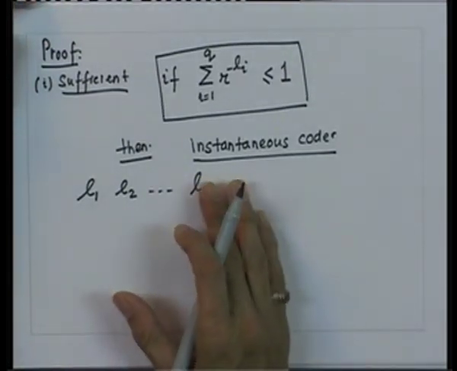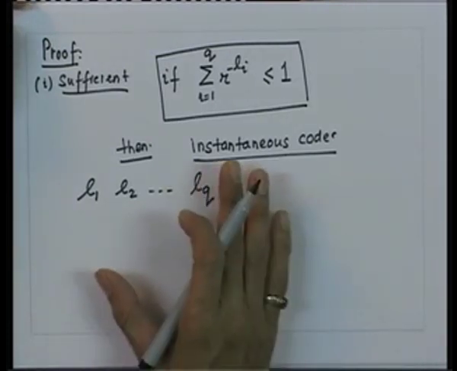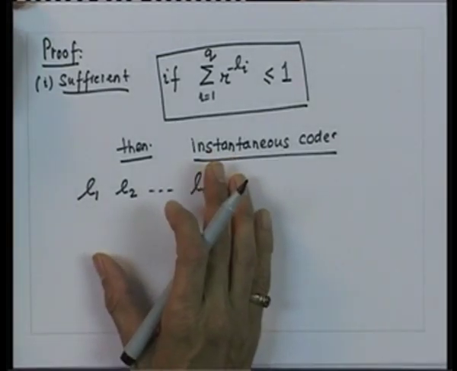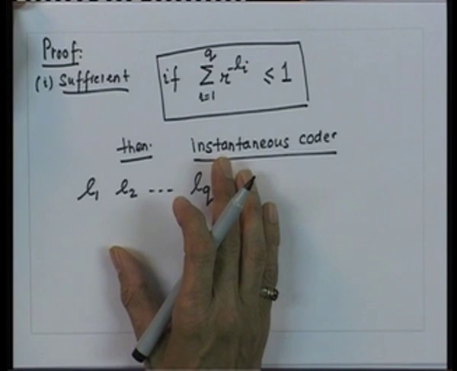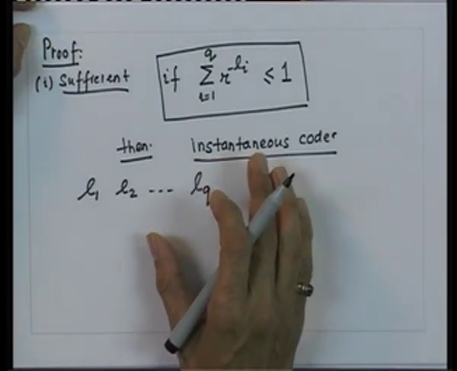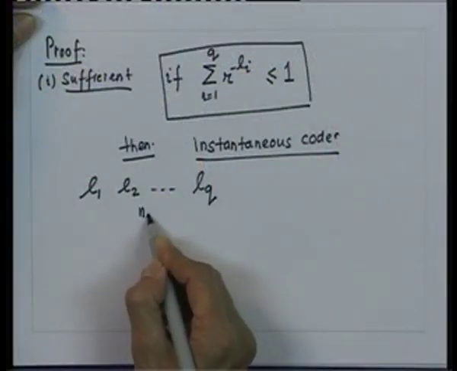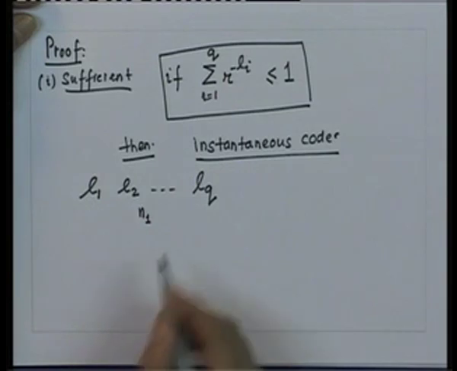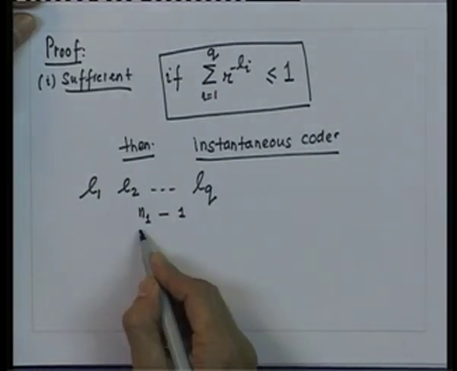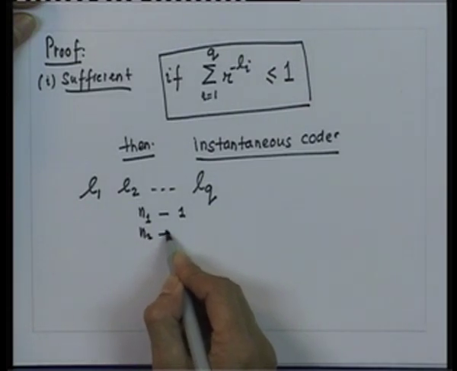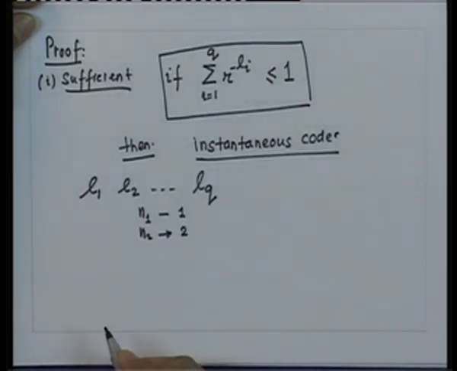Now, it will be useful for us to consider all the code words of the same length at one time. So, let me assume that I have N1 code words of length 1, and I have N2 code words of length 2.